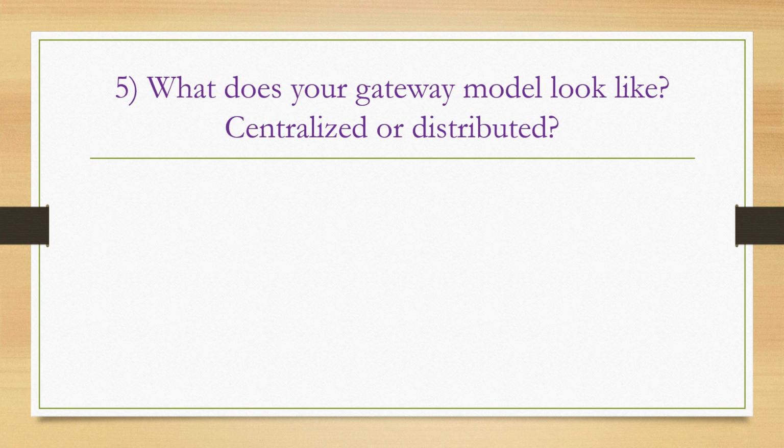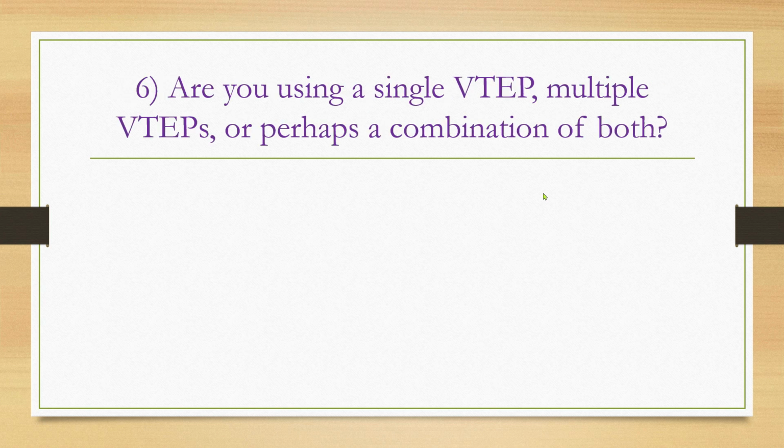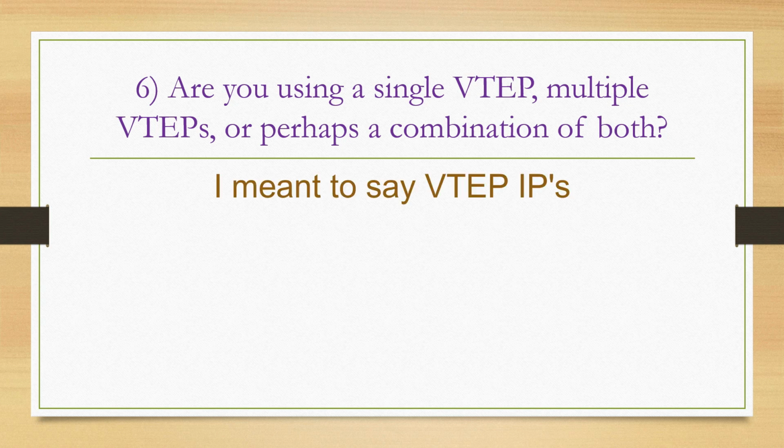Or do you have a distributed model where each leaf pair is configured with SVI gateways or anycast gateway IP addresses?